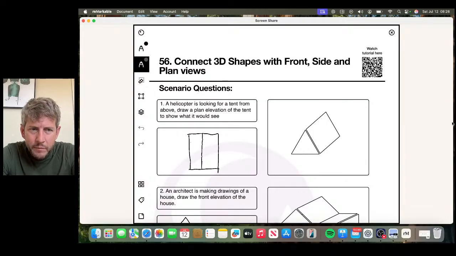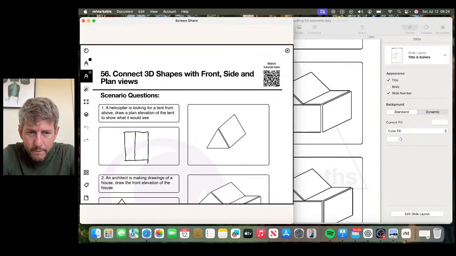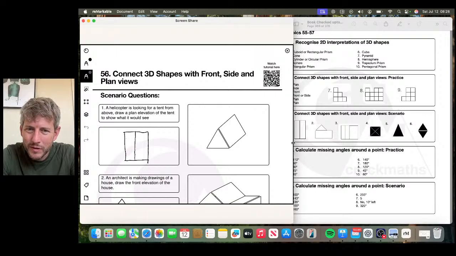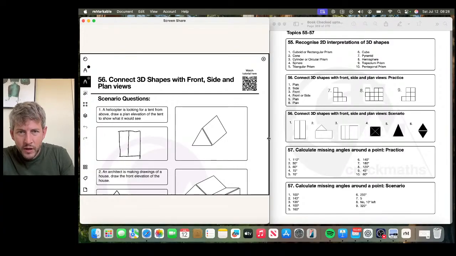I'm nervous. Did I draw all the creases last time? This is my big question. Excellent, they're there. I can see them all. Okay, right. So, yeah, there we go. Question 1 done.